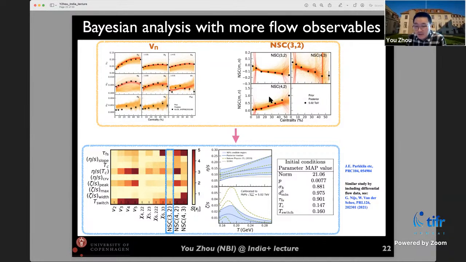When you include the correlation between the higher order flow harmonics, v2, v4, v3, v4, you have a better sensitivity to the initial conditions. And similar work has been done by our Dutch colleagues, who also included the PID flow as a function of pT. And they believe they can better constrain the viscosity of the quark-gluon plasma and also the initial conditions.